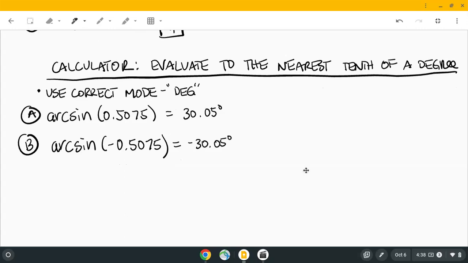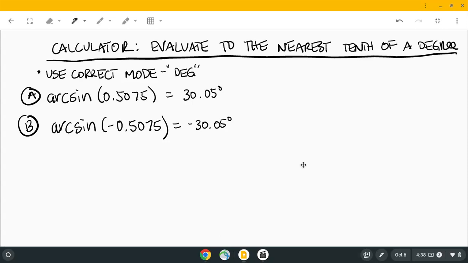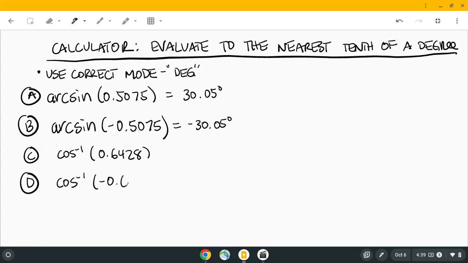Okay. And same thing with cosine inverse. So again, maybe your calculator says cosine inverse, maybe it says arccosine. Let's use this notation, cosine inverse, and let's do positive 0.6428, and let's do the negative, and you'll see when it does the negative, it will pull an angle that is in quadrant 2.